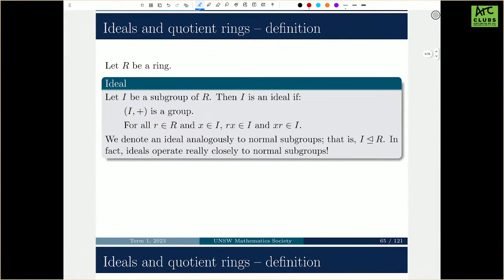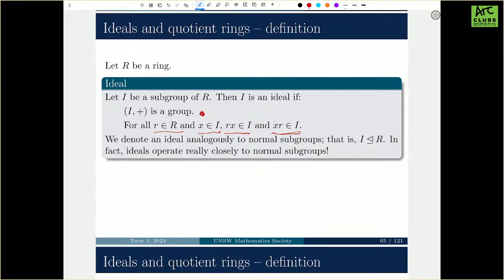Okay, here's the definition. Let I be a subgroup under addition of R. Then I is an ideal if, well, it's an additive subgroup, and for all r in R and x in I, we have this sort of closure, both by left and right multiplication.